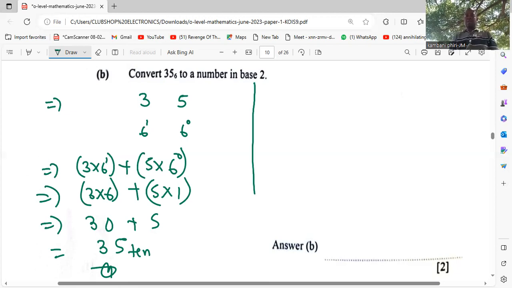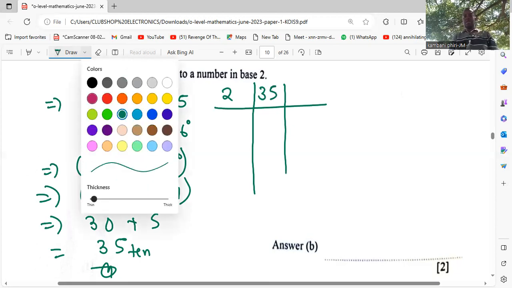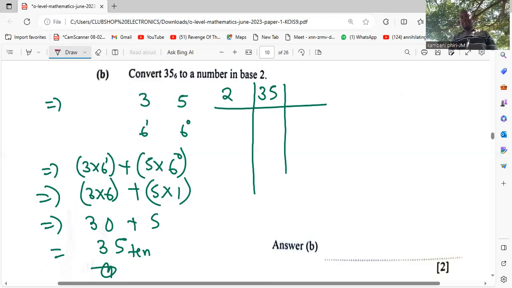Now we convert that base 10 to base 2. We can even use the table like this. We'll be dividing by 2. 2 into 35: 2 into 3 is 1, remainder 1. 2 into 15 is 7.